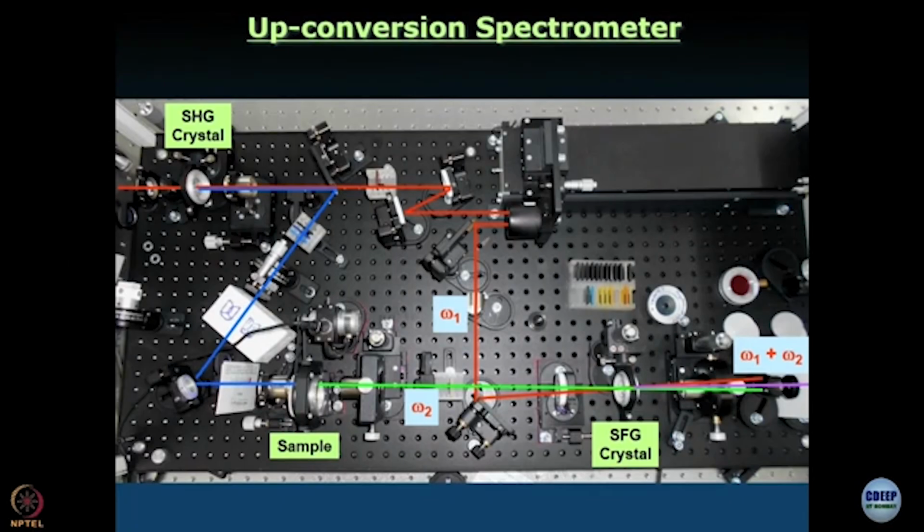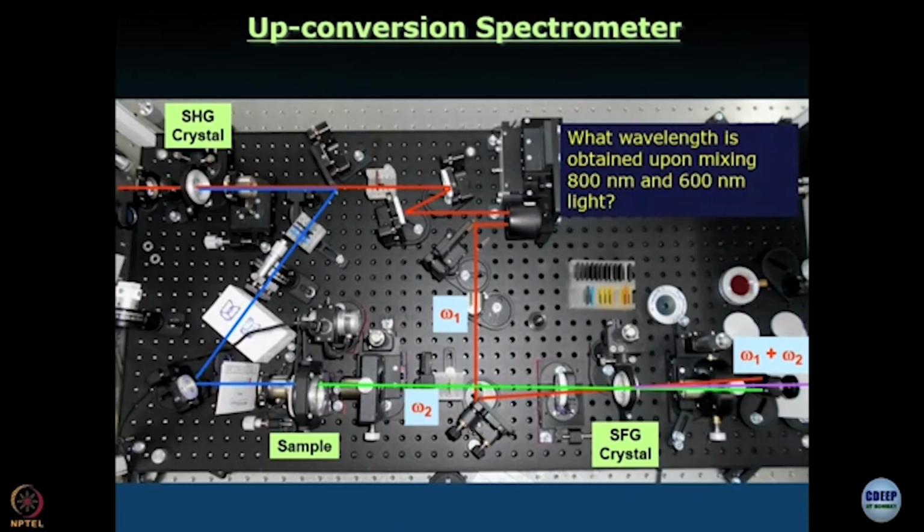Before that, let us do simple arithmetic. I have 800 nanometer light, that is omega 1, okay, and 600 nanometer light. Here of course fluorescence is broadband. Let us say we are focusing on the 600 nanometer fluorescence light, okay. So, what wavelength is obtained upon mixing 600 nanometer and 800 nanometer light?